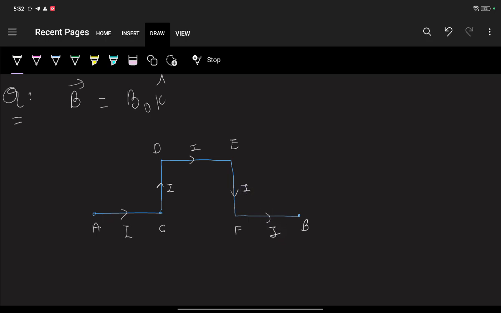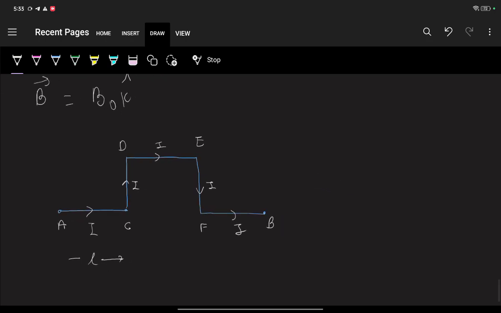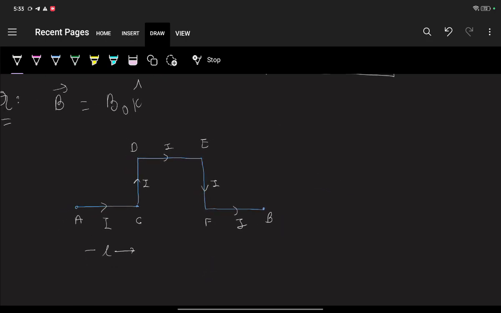The question is, find the force acting on the whole wire. Let's say L is the length of each section. Then we need to find out the magnetic force on each of the wires.